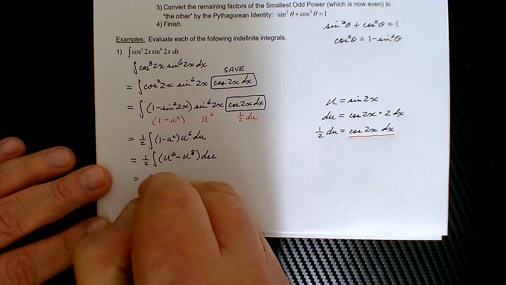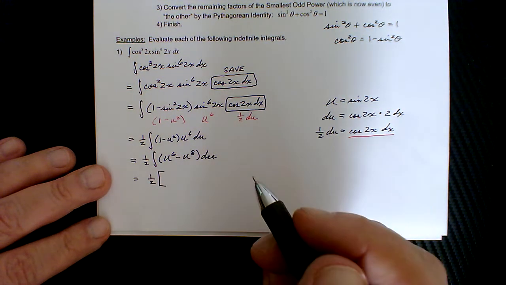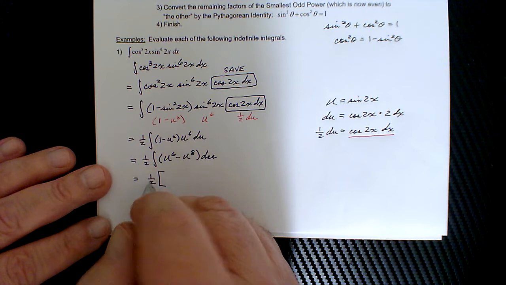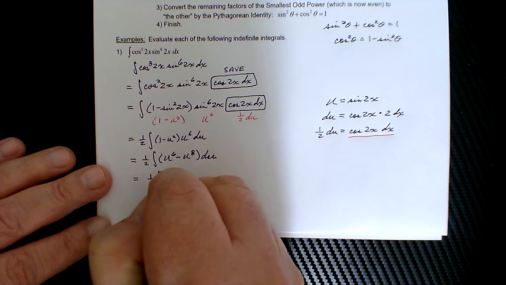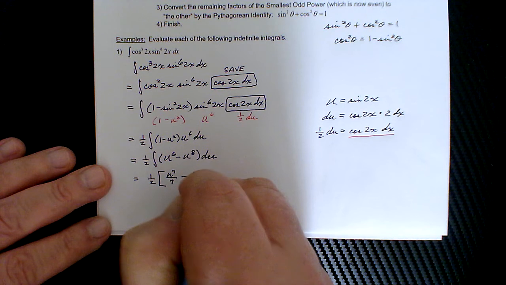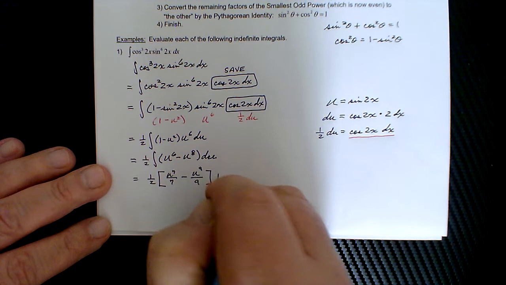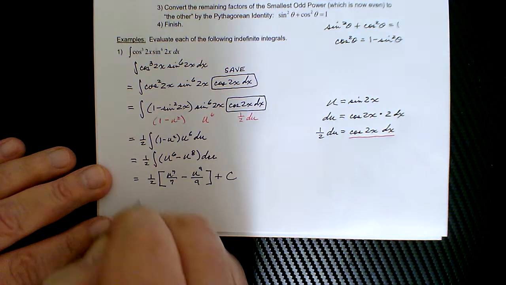I'll leave the 1/2, open up a set of brackets. I like the square brackets because that kind of reminds me that I've got to distribute the 1/2, and then just integrate term by term. U to the 6th integrates to u to the 7th over 7. U to the 8th integrates to u to the 9th over 9. Add a constant.